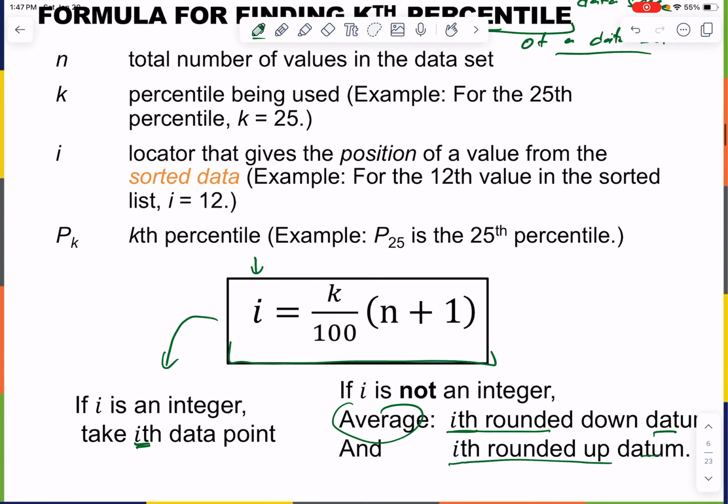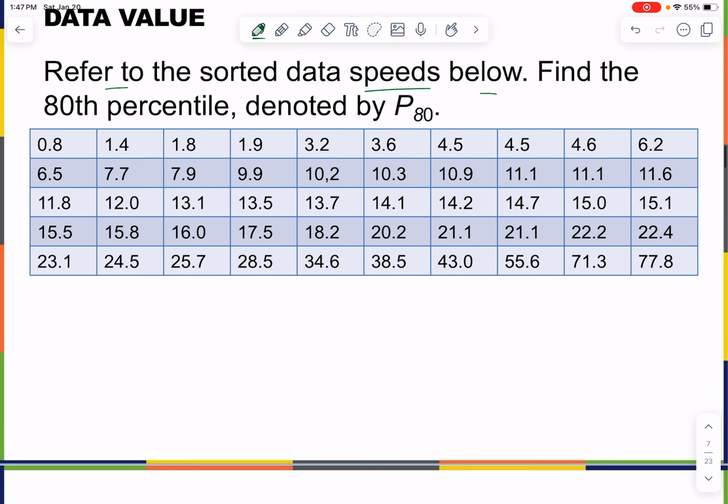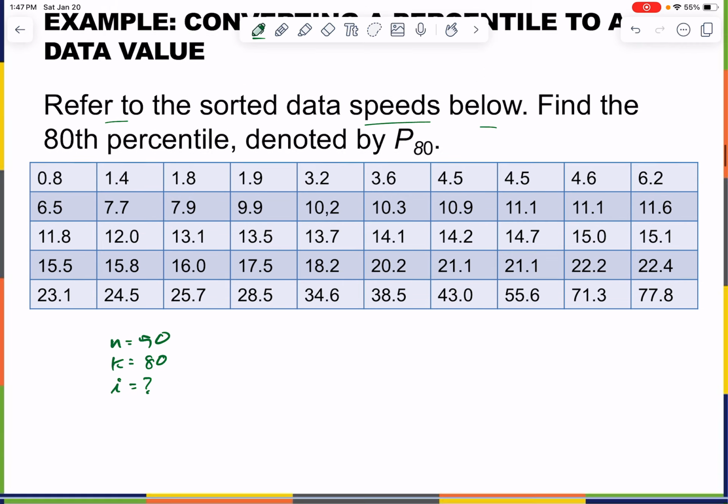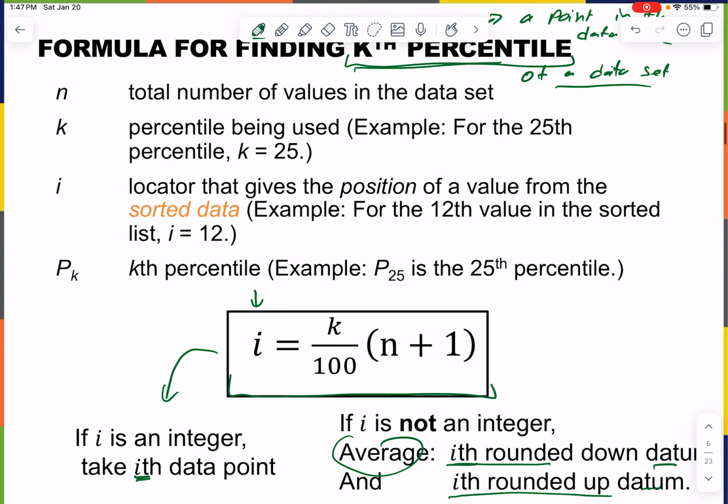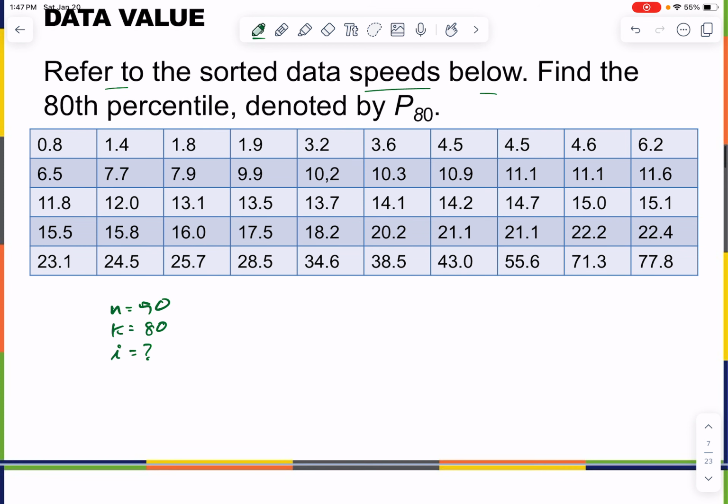So here we go. N is going to be 50 again. K is going to be 80. I is not known yet. It's just those three. And what we want to find is P80, that value. But first we need to find the index or the locator of that data value.